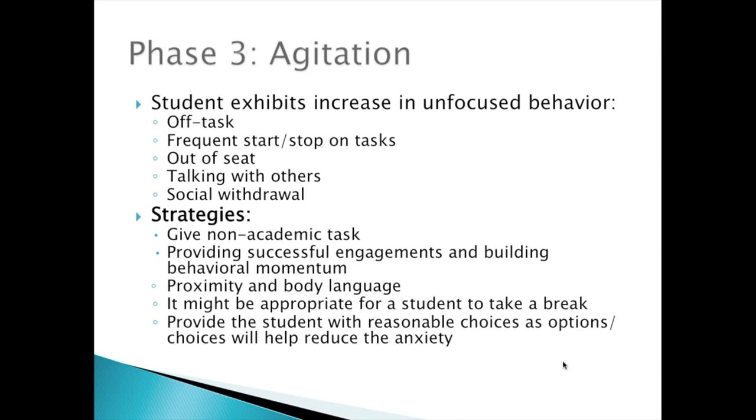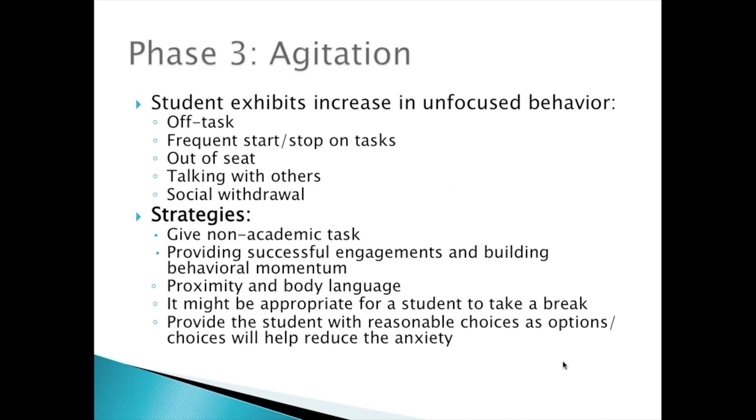And so strategies from the educator's standpoint, be it the teacher, paraeducator, or other support in the classroom, maybe taking that student into a non-academic task, perhaps something in the classroom, just to give that student something else to think about momentarily, and perhaps that then could re-engage that student and prevent further agitation or acceleration, which is the next phase.